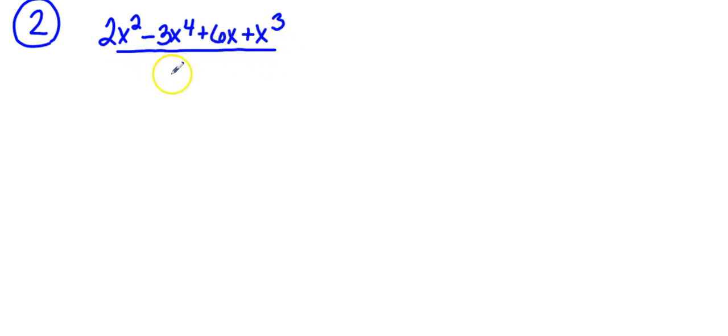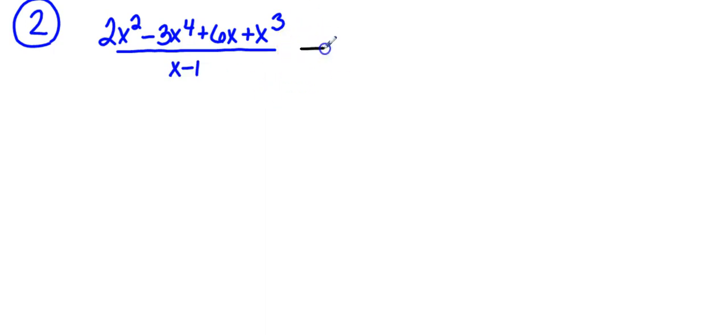We are going to be working on 2x squared minus 3x to the 4th plus 6x plus x to the 3rd, all divided by x minus 1.